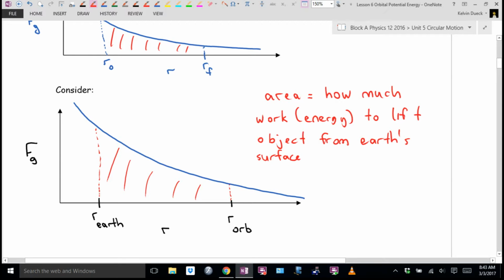That's our Earth, that's the surface of the Earth, that's where we start, to orbit, whatever your orbital radius that you desire happens to be.